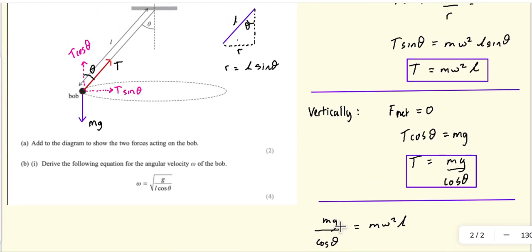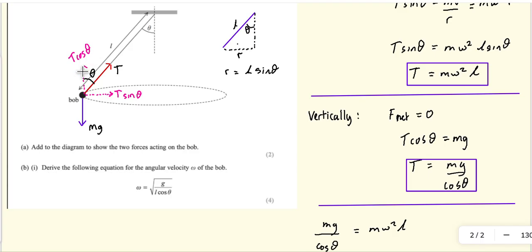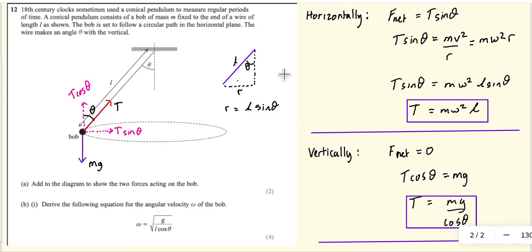So how do we set up this question? First of all, we need to get the components, vertical and horizontal, of the tension, and that's T cos theta, T sine theta. We need to write r in terms of L, so that was L sine theta, and we need to look horizontally.